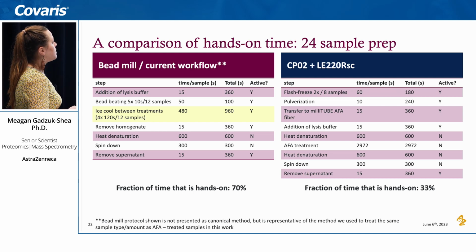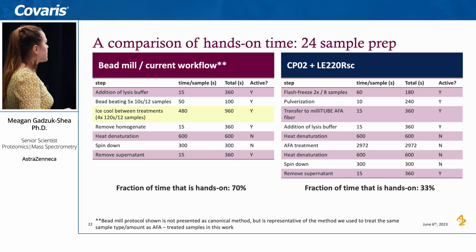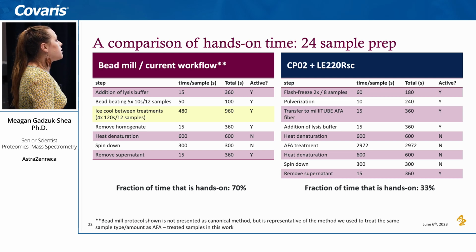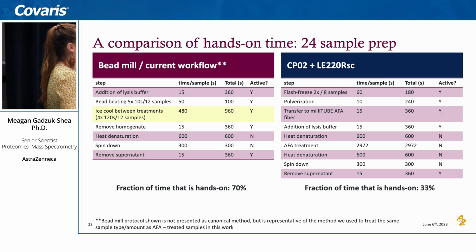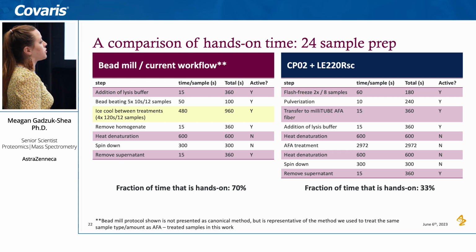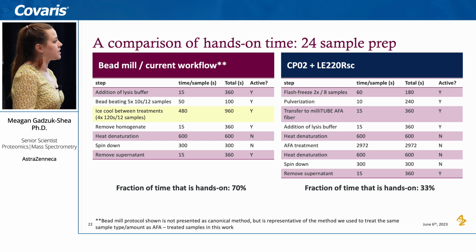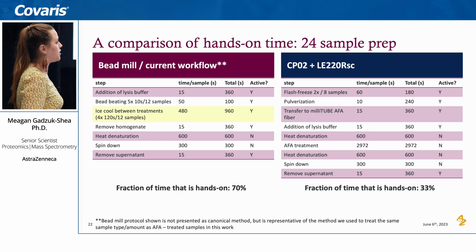And so you can see for the bead mill, a lot of the steps are hands-on, whereas with the AFA treatment, there's a big chunk where you're not actively handling your samples. With these rough estimates, for bead mill, it's about 70% where you have to be there with your samples and actively engaging with them, whereas with the Covaris, it's reduced down to 33%. You can put your samples into the AFA, you can walk away, and you know you're going to get all of the protein out that you can.